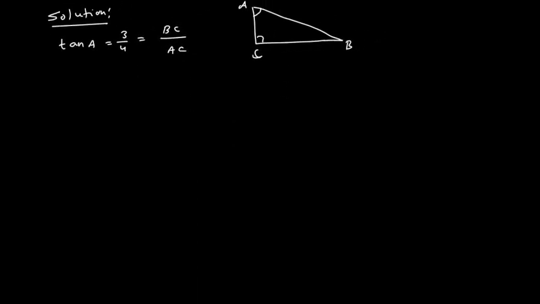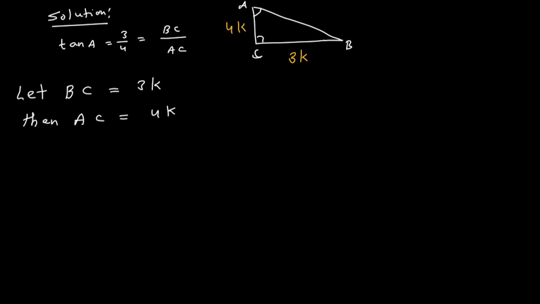So I will say let BC be equal to 3K. Then AC will become 4K. So here BC is 3K and AC is 4K.